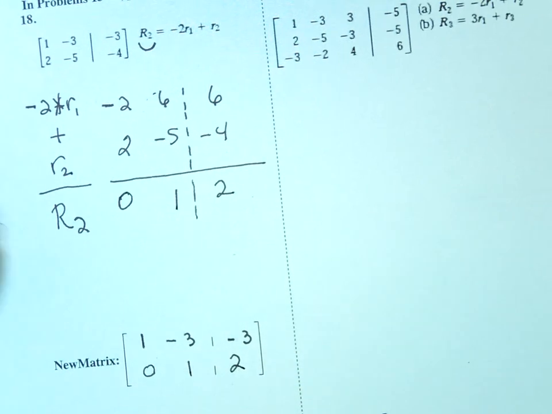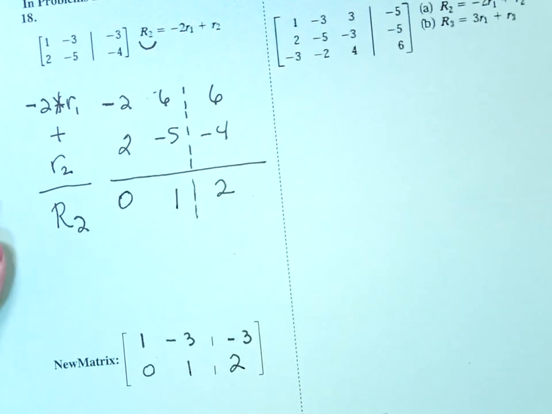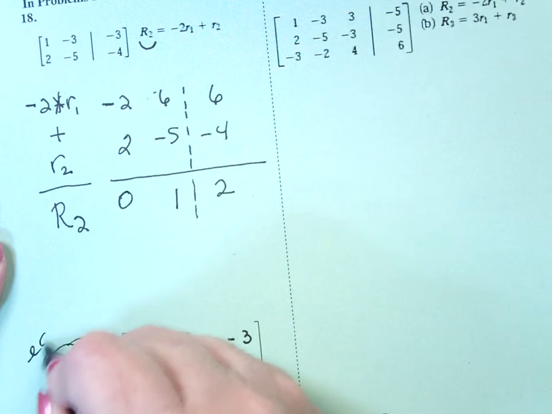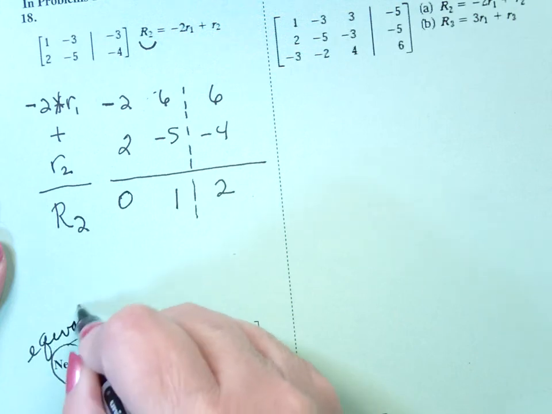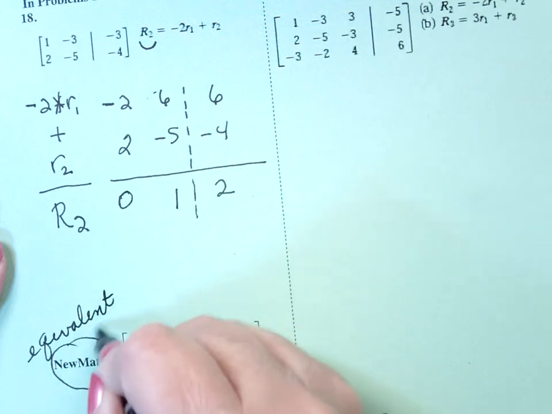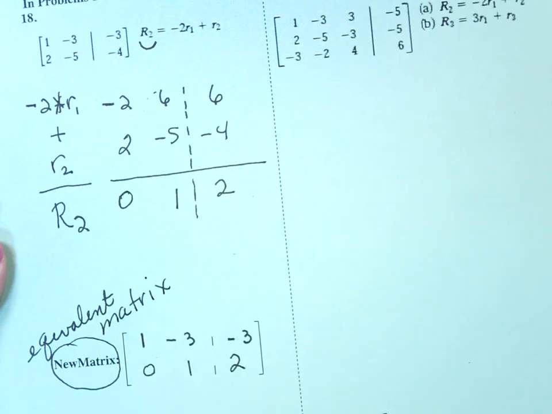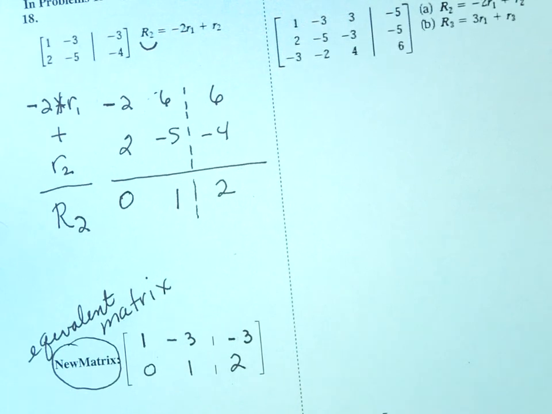Now what I have created was a new matrix. We call this new matrix not an equal, but an equivalent matrix. In mathematics, what equivalent means is this: it has the same solution set as the original matrix.